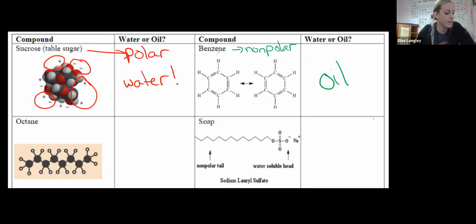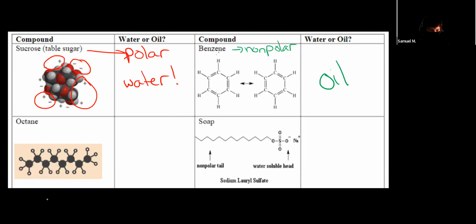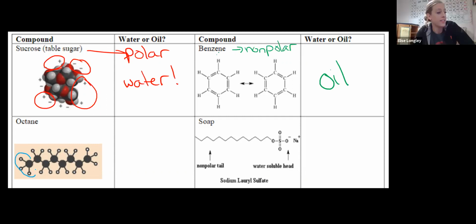Awesome. Bob, you're up. Give me octane. I don't know. I don't think it's symmetrical. Maybe that's just because of the orientation of it. Okay, so this guy would point this direction. This guy would point this direction. Are those equal and opposite? Yes.